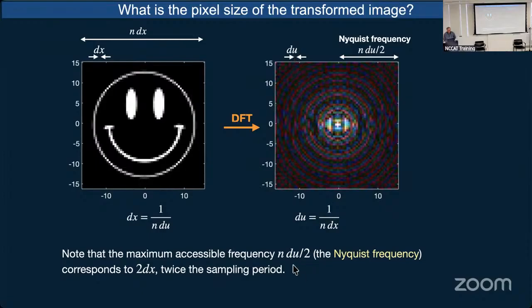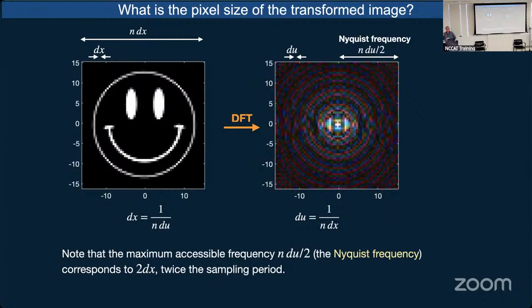What that means is that the highest available frequency is the frequency you would get if you had a grating that was exactly twice the original pixel size. So, for example, if I have 1.5 angstrom pixels, then the highest available frequency is going to be 3 angstroms.